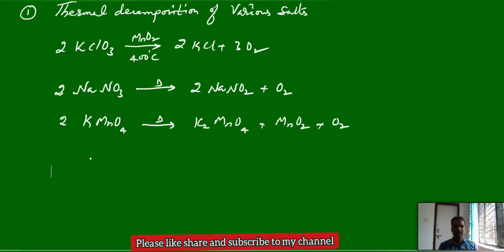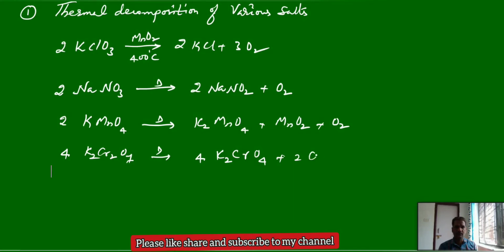Potassium dichromate. Again, if you heat it, that can give potassium chromate, just like potassium permanganate.